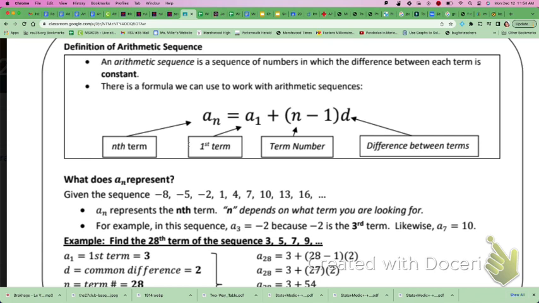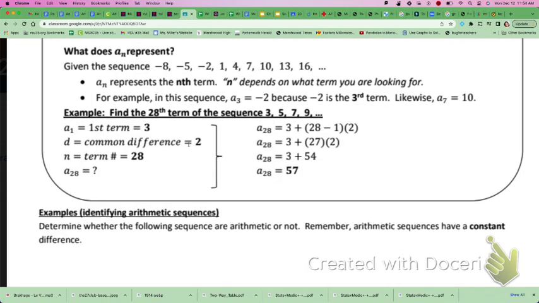So here is one worked out for us. Here's a given sequence of -8, -5, -2, 1, 4, 7, 10, 13, 16. So what's the common difference? What's happening each time? Sometimes it's easier to see it in the positives. What's happening from 4 to 7 to 10 to 13 to 16? We're adding 3 each time, right?